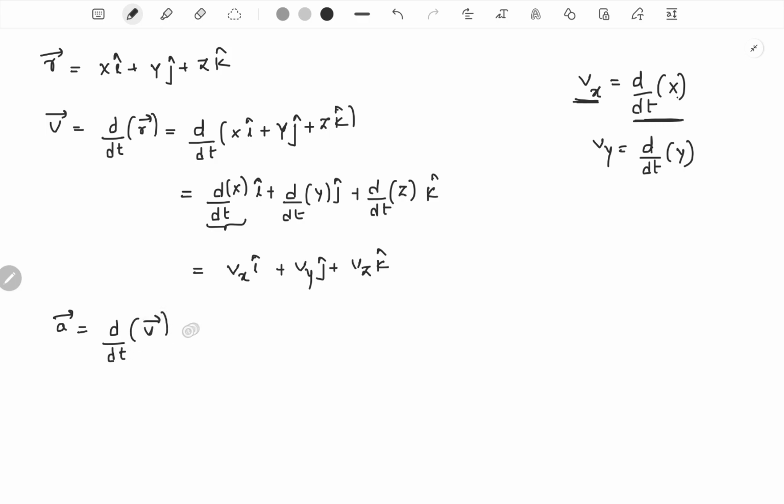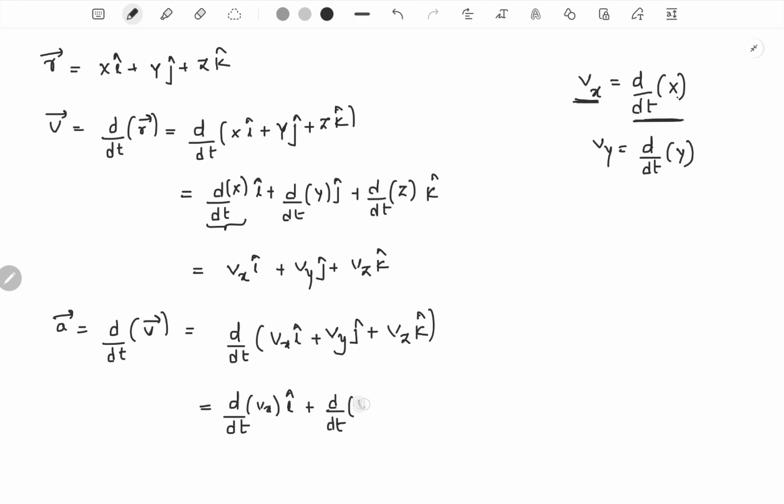So we can write acceleration as d by dt of v bar. So we can write d by dt of vx i cap plus vy j cap plus vz k cap. Again, we can write it mathematically as separately d by dt of vx i cap plus d by dt of vy j cap plus d by dt of vz k cap.